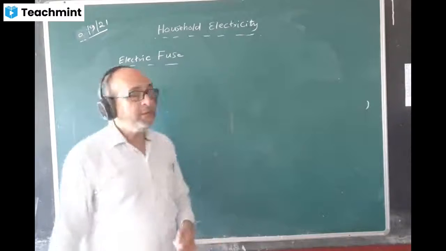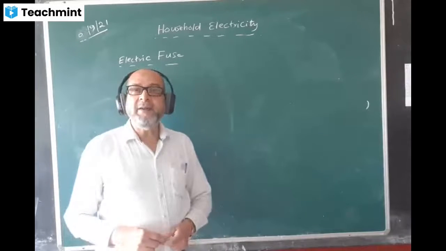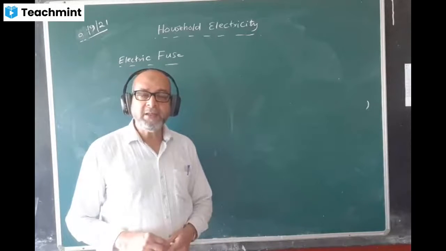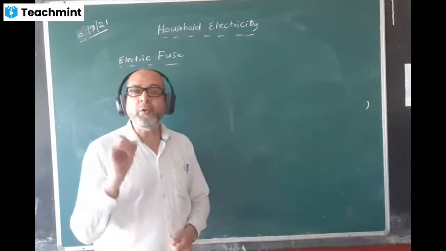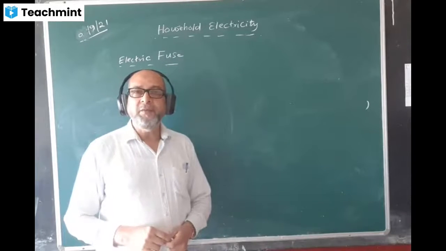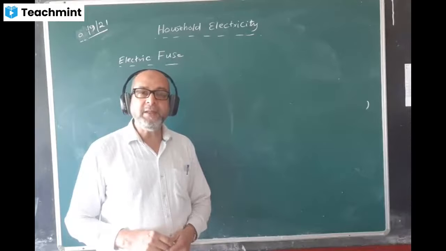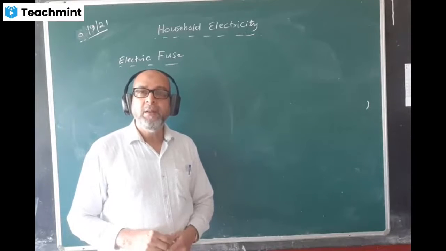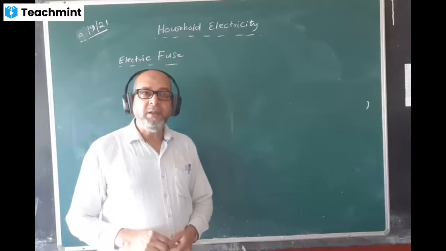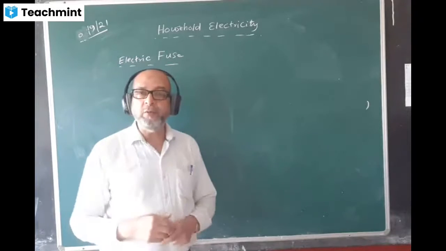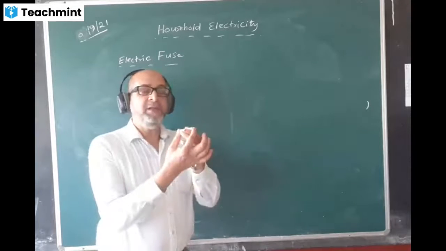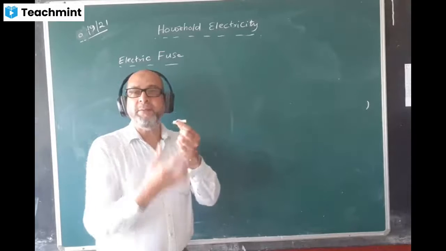Let me tell what is electric fuse. We say it is a device which limits the current, or which controls the current. You can say that. Which limits the current, that is the correct word. That means which will not allow the current to exceed a particular value. Suppose this device's maximum current needed is 5 ampere.